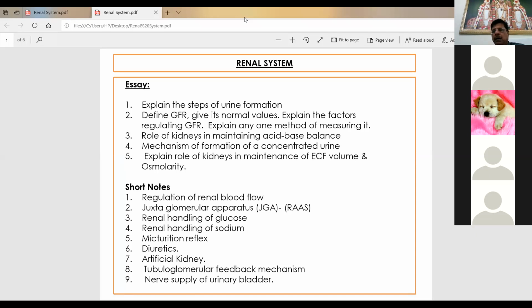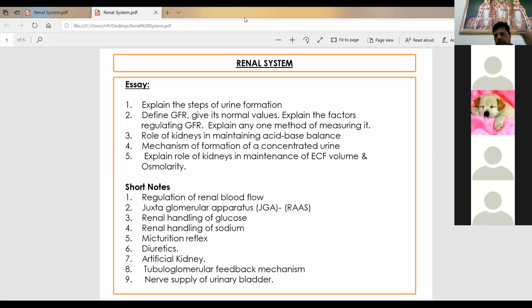Okay. So the first essay question here is: explain the steps of urine formation. With the current syllabus curriculum changes for you, this type of question is unlikely to be asked. But anyway, urine formation involves a combination of three steps: glomerular filtration, tubular reabsorption, and tubular secretion.